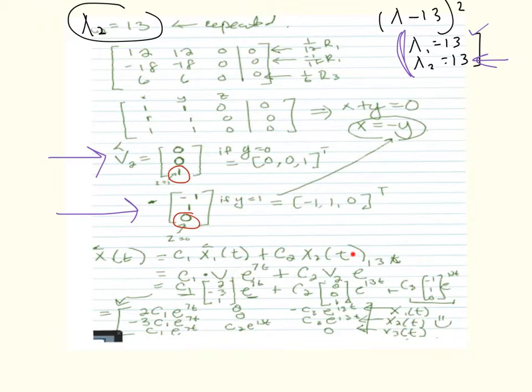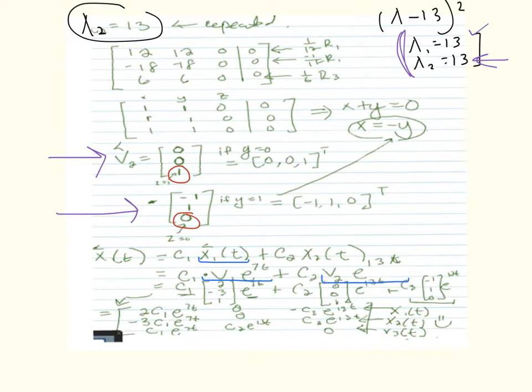Each solution is our eigenvector times e to the lambda t, times our constant, and then v times e to the 13t.